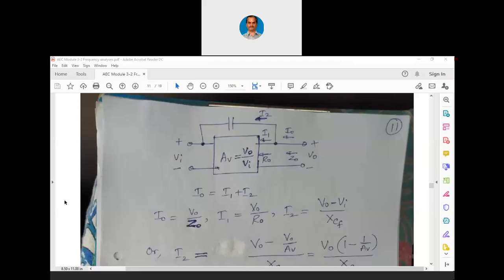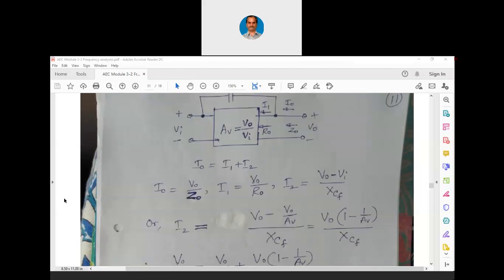So again we can write I0 equals I1 plus I2, or I0 is V0 by Z0, I1 is V0 by R0, I2 is V0 minus Vi divided by XCF. Because we are now looking at the network from the output side, we should write V0 minus Vi by XCF. Now we can write I2 as, what is this V0 minus Vi? V0 minus V0 by AV.